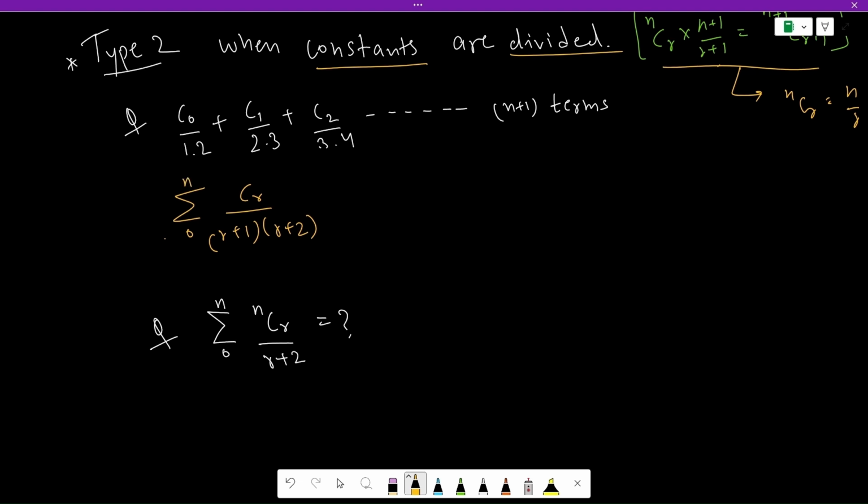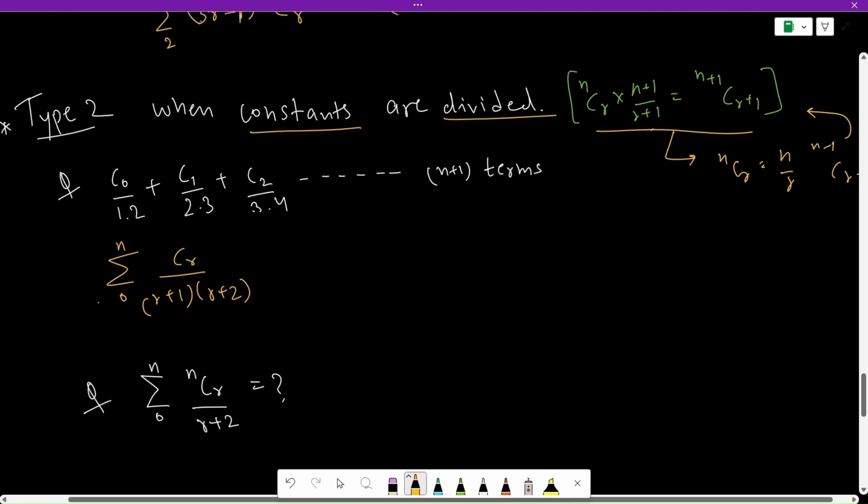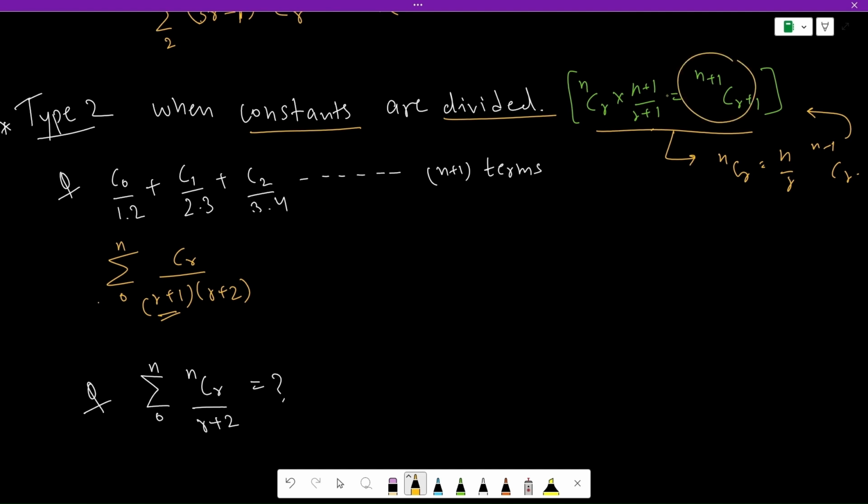Now we will use this property and combine this denominator into the nCr part. But for that we need an n plus 1 in the numerator. So we will multiply and divide it by n plus 1 divided by n plus 1. Now after this we will need n plus 2, so we will multiply and divide it.